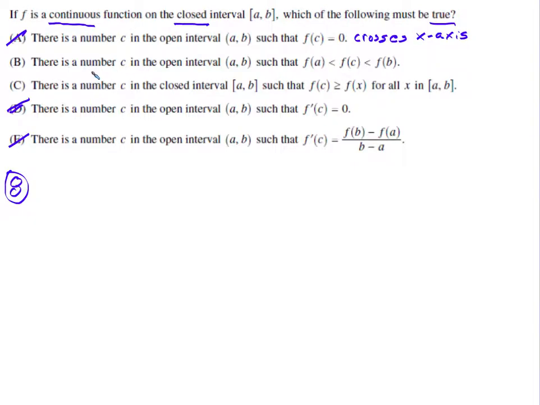What about B? We're down to between B and C. B says there's a number such that, okay, so this one can be tricky. We've seen this in the self-check. I think self-check 1.3 or 1.4 had this. This is saying that the height of some point that's between A and B is greater than the starting point and less than the ending point. Not equal to. The key part here, there's no equal to right here.